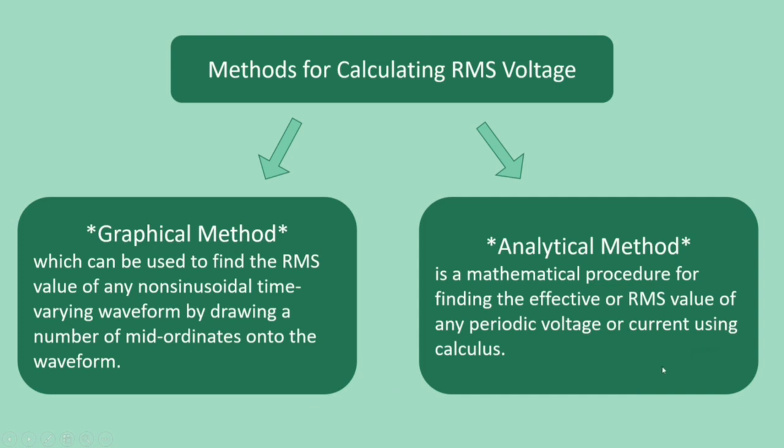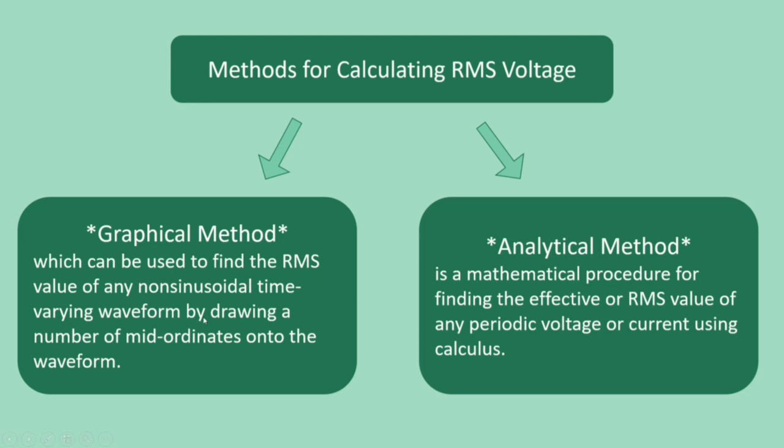Methods of calculating RMS voltage. There are two primary methods for calculating RMS voltage, the graphical method and the analytical method. Both of them provide the effective or RMS value of a periodic voltage or current. The graphical method is particularly used for non-sinusoidal waveforms or time-varying signals.